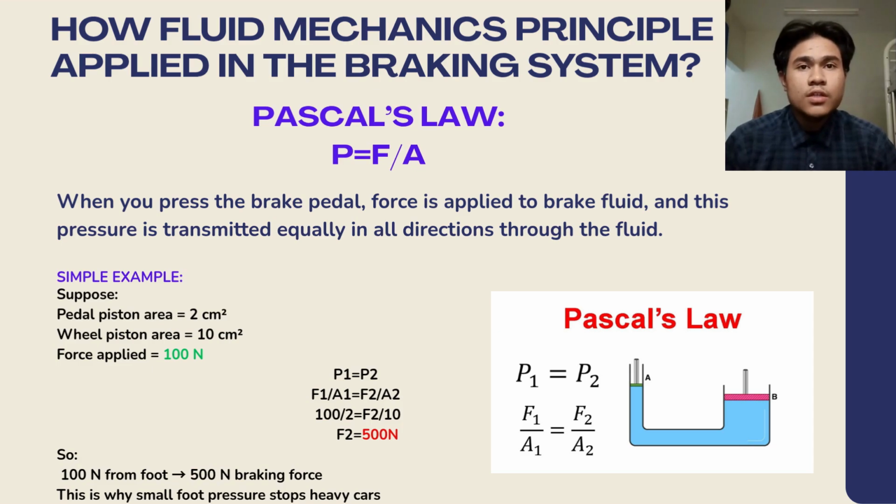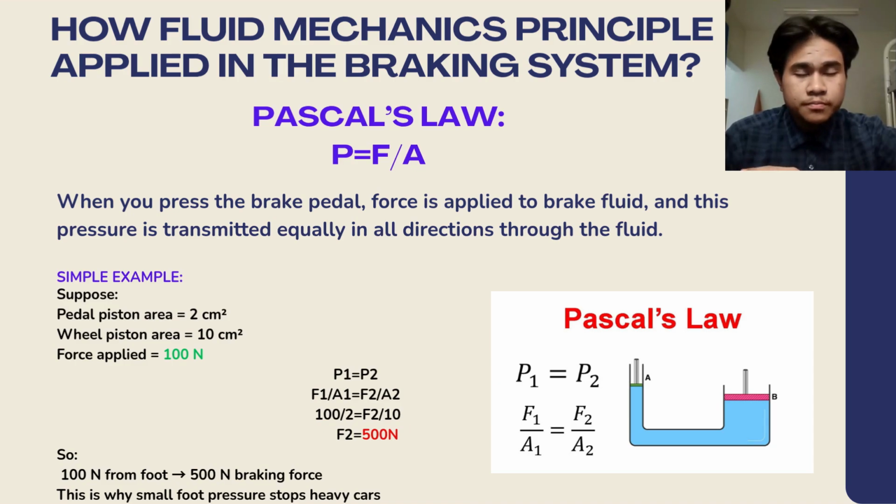We put it in the Pascal's law formula, P equals F per A. So we make an equation P1 equals P2, where P1 is F1 per A1 and equals F2 per A2.